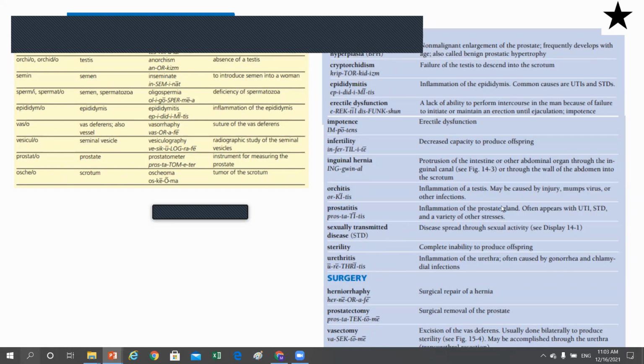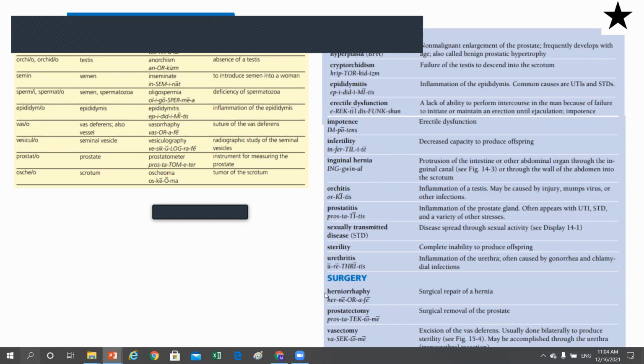Now we have some of the procedures which have been mentioned here. Previously, we have seen that any normal structure can come out through the abdominal wall in the inguinal region, umbilical region, or femoral region. This normal structure should be pushed back into the abdomen by surgery. This surgery is called herniorrhaphy.